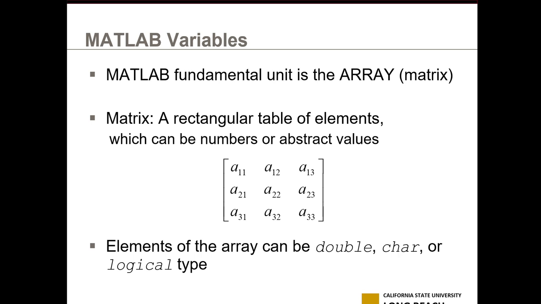Whereas if it's false, it will be logical 0. Now, any different types of data can be put into a matrix. However, using the normal square brackets for our matrix, everything in that data set needs to be the same type. In a later lecture, in a few weeks from now, we will get into how you can combine numbers and text and logical types all into the same matrix. But for now, everything will be the same type.